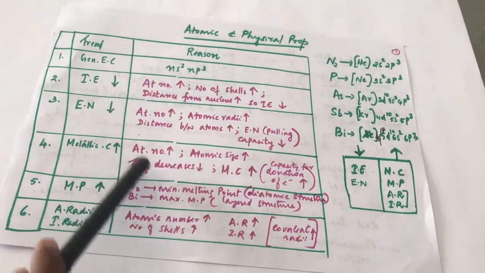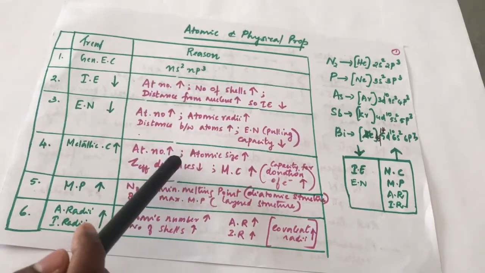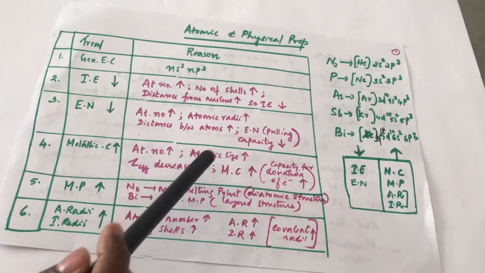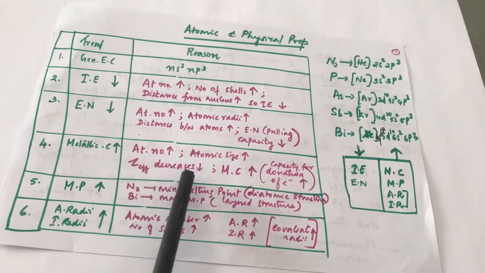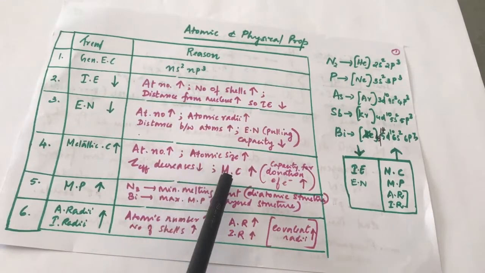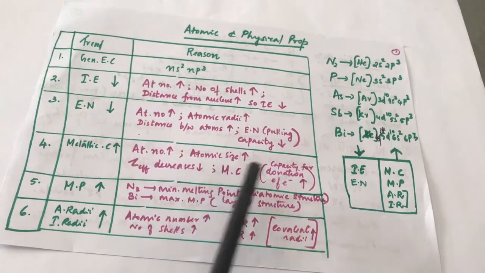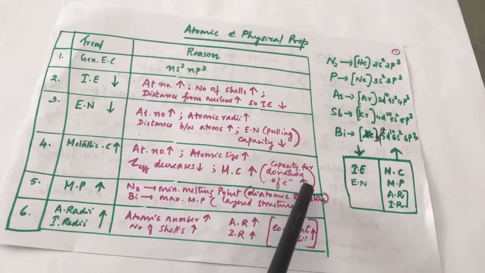So the nuclear attraction decreases. Why? Because the atomic size is keeping on increasing. So as a result Z effective decreases, and as a result the metallic character, that means the capacity for donation of electrons, so the electrons are pulled out, that is what we call a metallic character. You know that very well, isn't it?